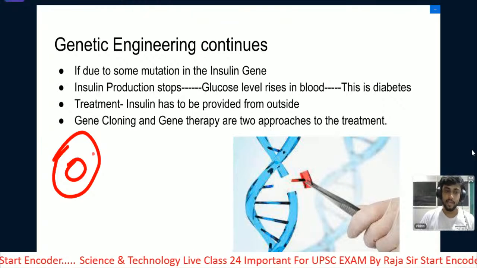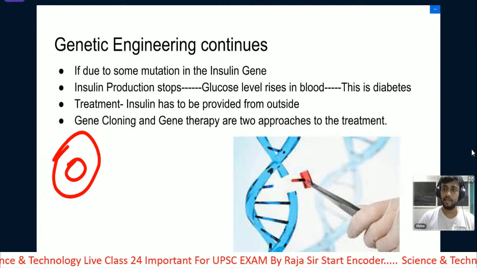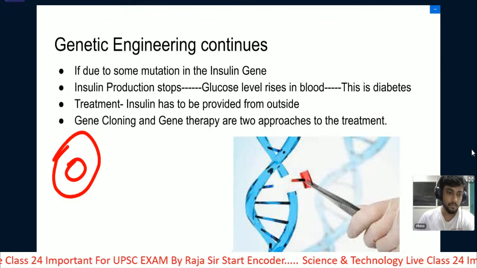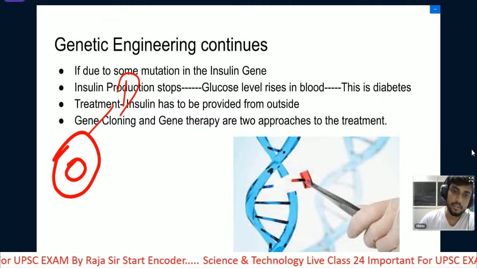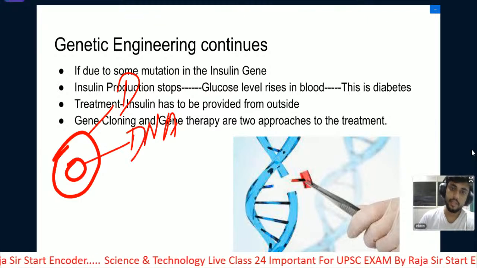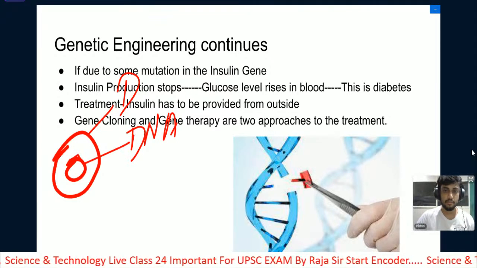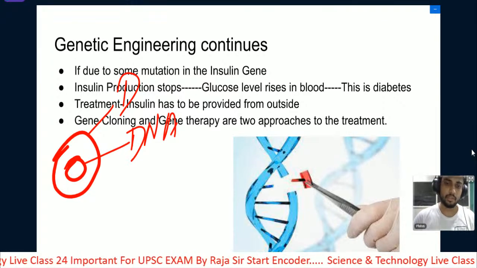Don't confuse it with the nucleus. This is the cell of the diabetic person, and this is the DNA of the diabetic person. There are some issues with the gene sequencing.